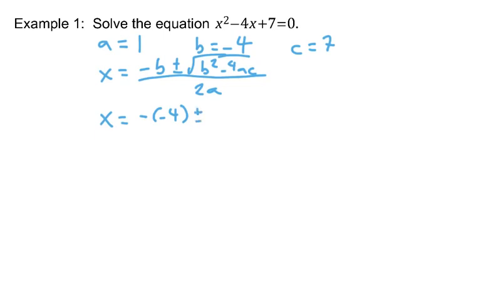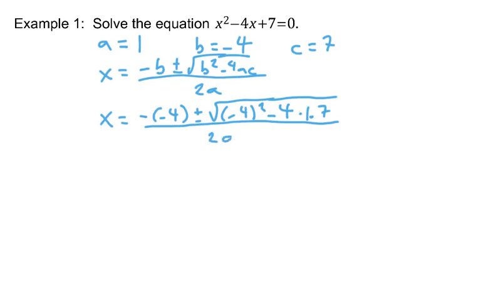Plus or minus the square root, or principal square root, better, of negative 4, that's your b, squared, minus 4, that's always a 4, times 1 times 7. All of that divided by 2a. Oh, silly me, we want to plug in the a. The a is 1. There. Let's simplify some more, see where this takes us.